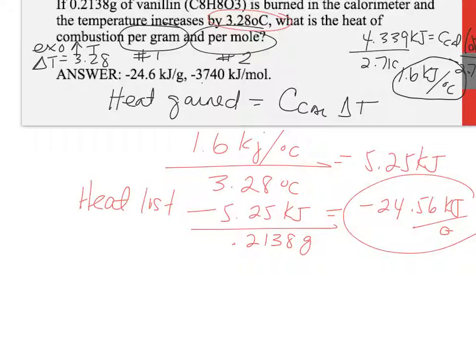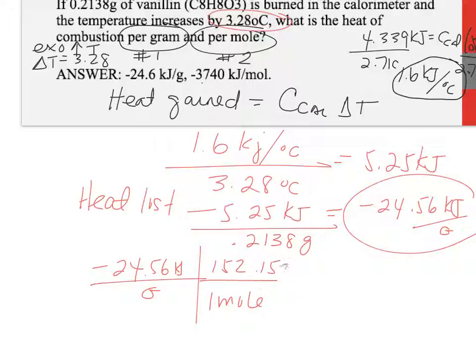Now they want it per mole. So we know we have negative 24.56 kilojoules per gram, and we know that 1 mole of vanillin has a mass of 152.152 grams.